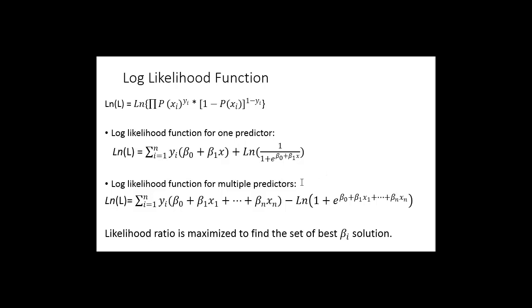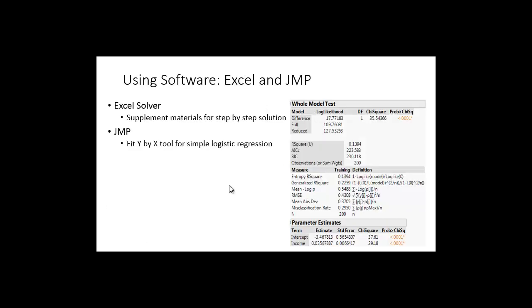General form for multiple logistic regression with multiple predictors will be the other formula. What we do here at this point is maximizing the likelihood function to find the set of best betas, the coefficients for the solution. We can use Excel solver to solve this problem. You can look at the supplement materials for a step-by-step solution by Excel, or use JMP.